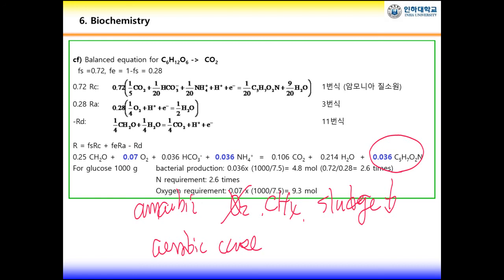Say, for a given electron donor, if the aerobic process produces more sludge, it means they grow fast. That means the process is much faster, or the velocity of the process is much higher in the aerobic process.